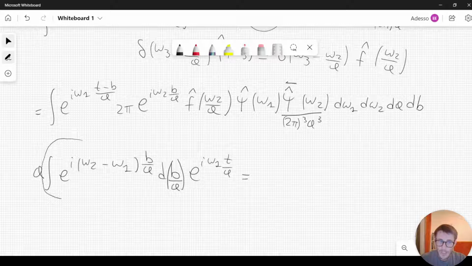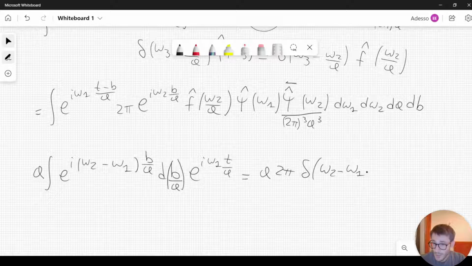And now you can see that when I integrate this from minus infinity to plus infinity, I will get, of course, a times 2 pi delta of omega 2 minus omega 1, because it's actually the same integral that we had before, which gave rise to the Dirac delta. And then I have to multiply this by e to the I omega 1 over a times t. So this quadruple integral will become a triple integral because I carried out this integration over b.